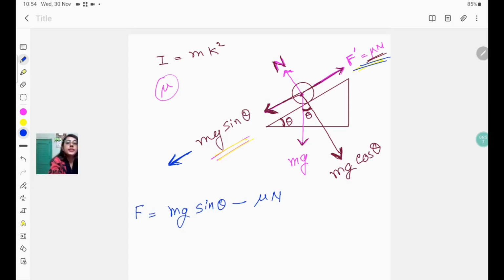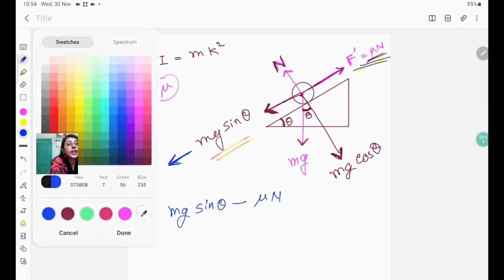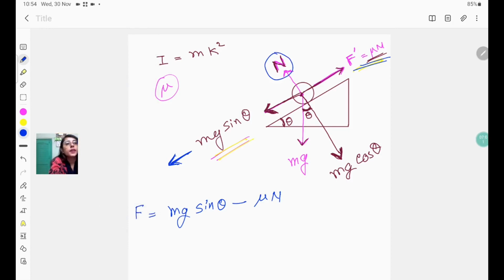Now this normal reaction force N will be compensated by this component of mg, that is mg cos theta. So in place of N, it will be equal to mg cos theta, because the normal reaction is just compensated by this component.